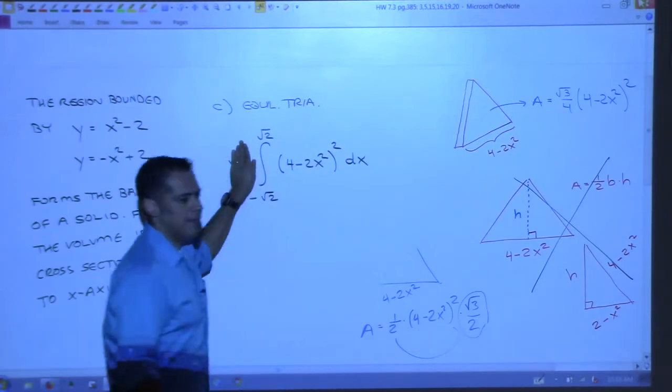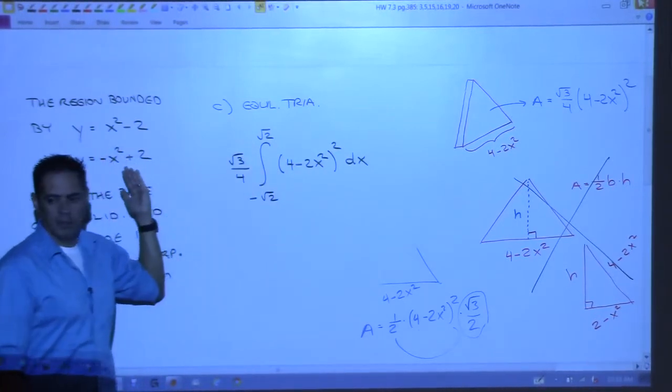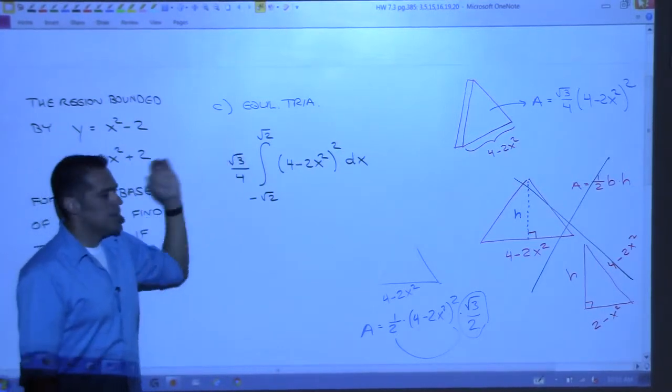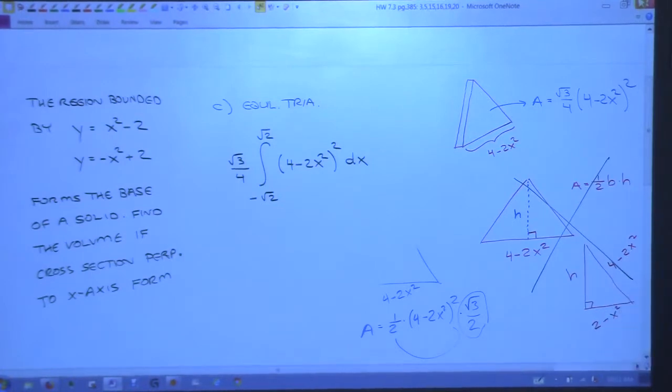That was squares, wasn't it? That's equilateral triangles. Just happens to be some constant multiple of the same thing. Okay. Hope that makes sense.